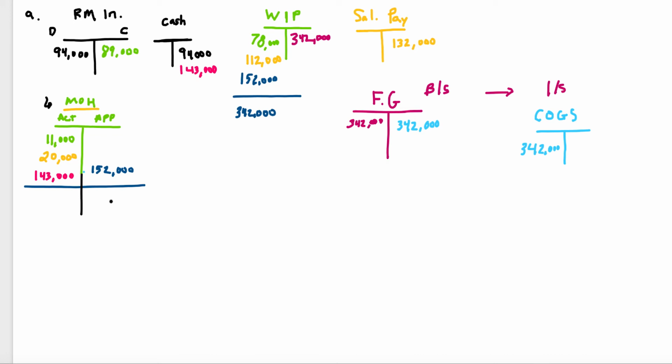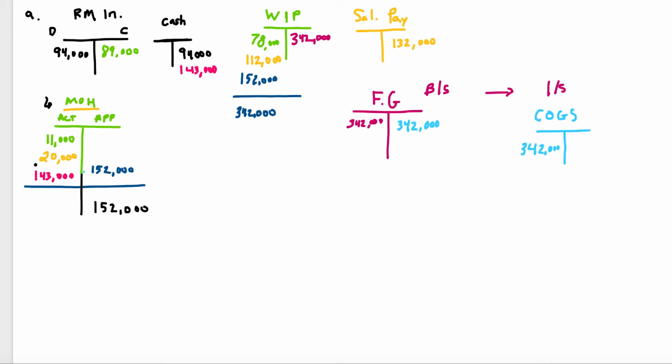Right off the bat, I already know that I applied $152,000 of manufacturing overhead. Okay. How much did I actually incur? Well, to figure that out, I need to look at the debit side, or the left side, of the manufacturing overhead T account, and I'm going to add up all these costs.